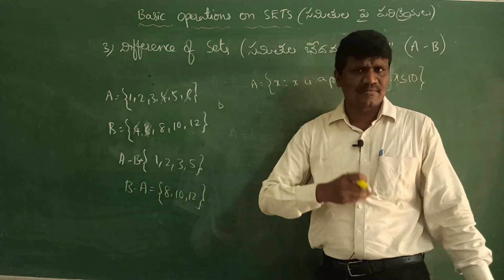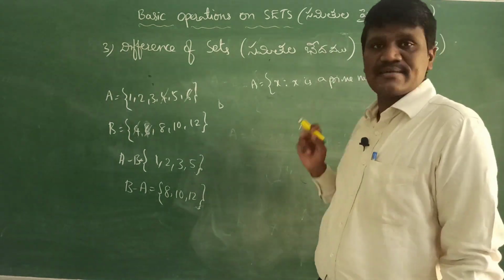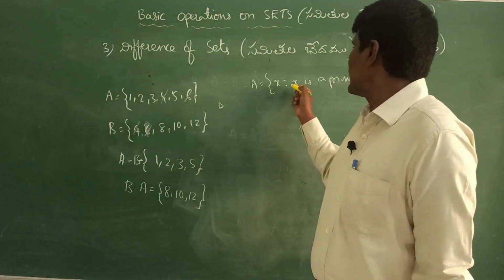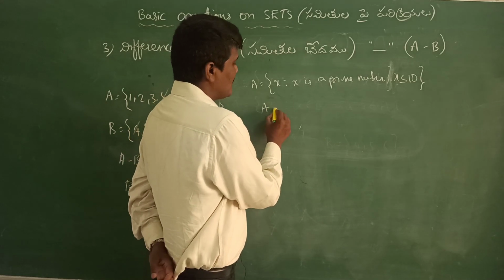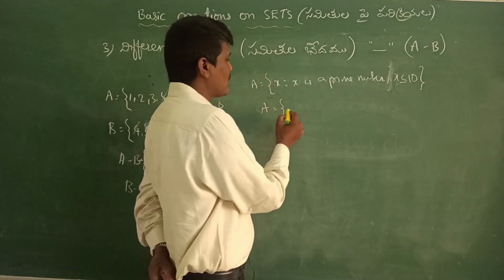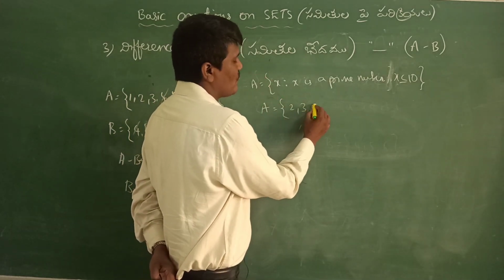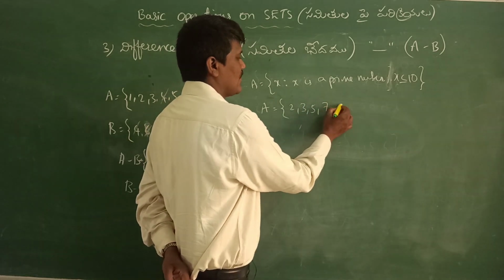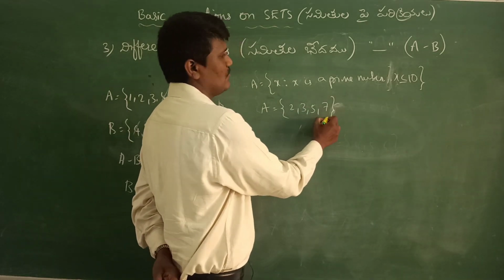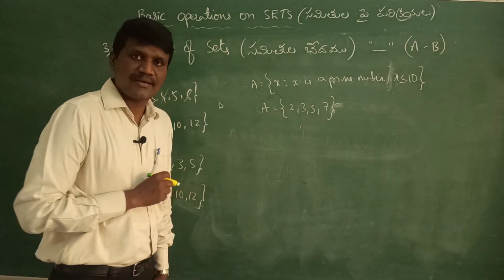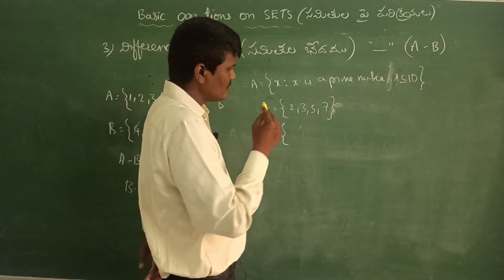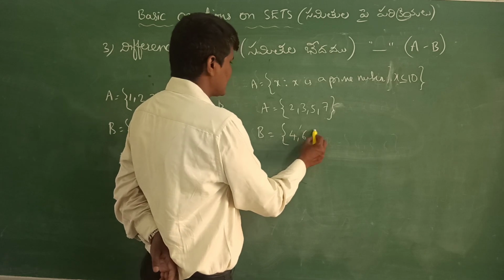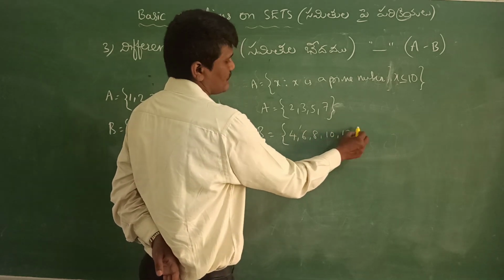Generally we should take a finite set, not an infinite set. So A is x such that x is a prime number, x less than 10, you know what that means. First we need to convert to roster form: 2 3 5 7. Now B is equal to, say, 4 6 8 10 and 12.